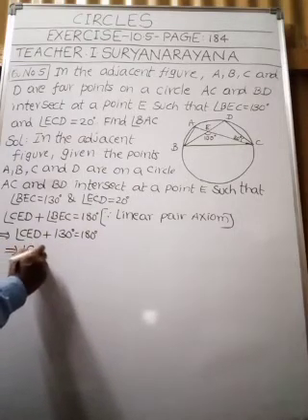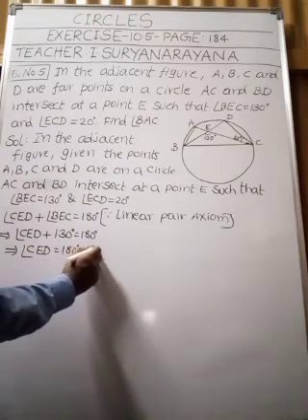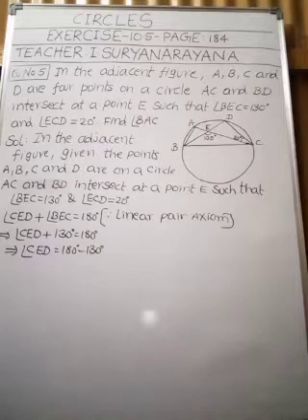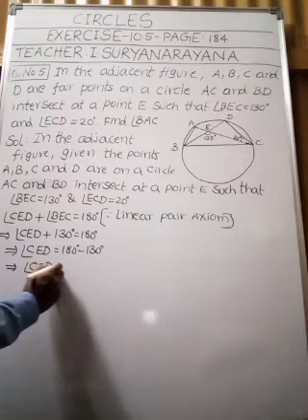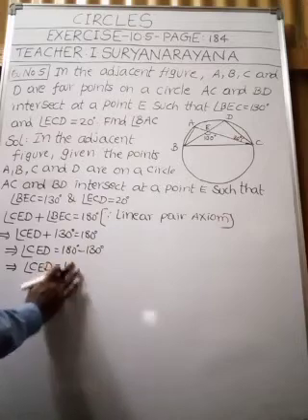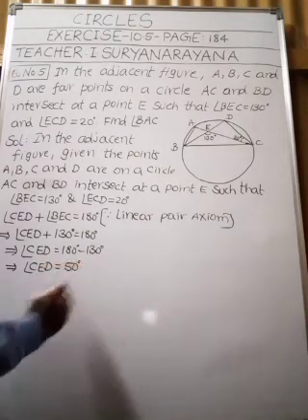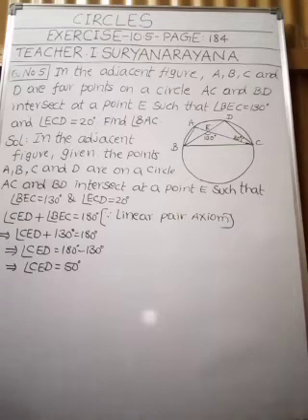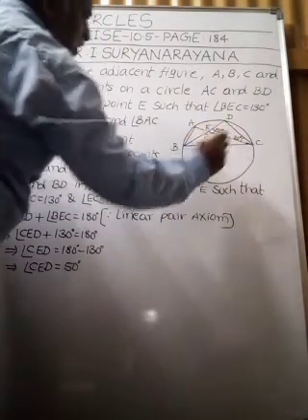Angle CED is equal to 180 degrees minus 130 degrees. Understood this step, my children? Right. This implies angle CED is equal to 180 minus 130 degrees, that is 50 degrees. Angle CED is equal to 50 degrees. Here we got this angle is 50 degrees.